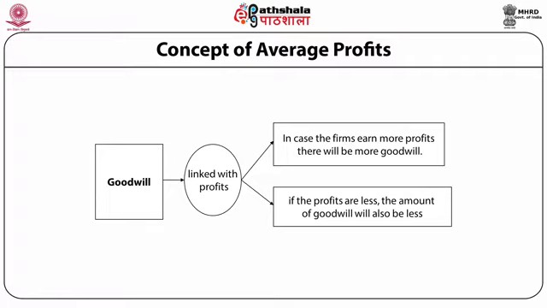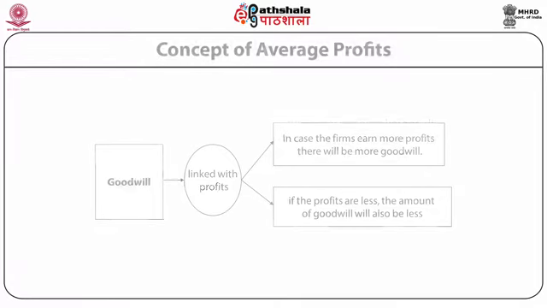So when the valuation of goodwill is done, why are profits taken as base? This provides the answer to this question, that goodwill is definitely based upon profits, and if firms are earning more profit, there will be more goodwill of that firm. If firms are earning less profit, the goodwill will also be less.